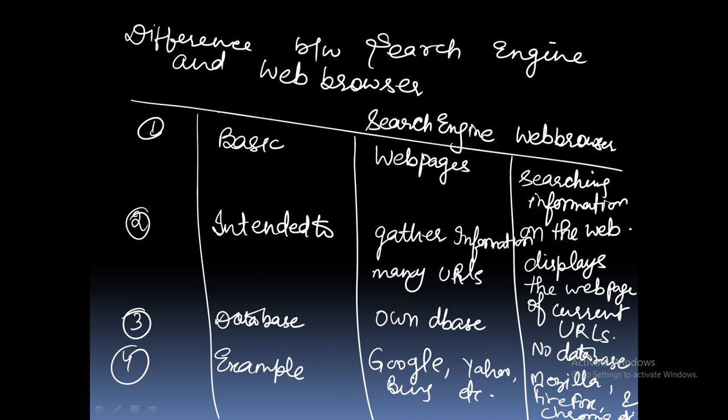The third difference is database. Search engine creates its own database, but on the other side, web browser has no database. It cannot create any own database. The fourth difference is regarding example. In search engine, we can take the example of Google, Yahoo, Bing, etc. And in web browser, we can take the example of Mozilla Firefox, Chrome, Opera, etc. These are the differences between search engine and web browser.